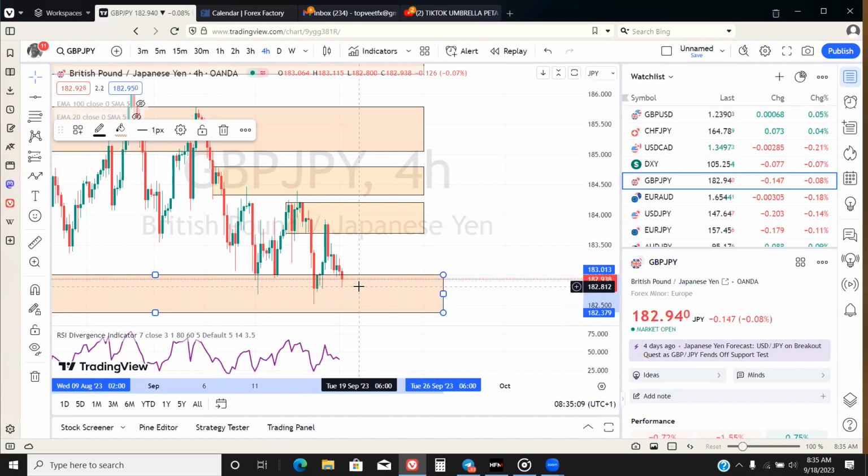It has come to 182.80. The price has come to 182.80. Look for your buy opportunity on GBPJPY. And where is our TP? Our TP will be at 184.00 or at 184.70. Look for your TP there.